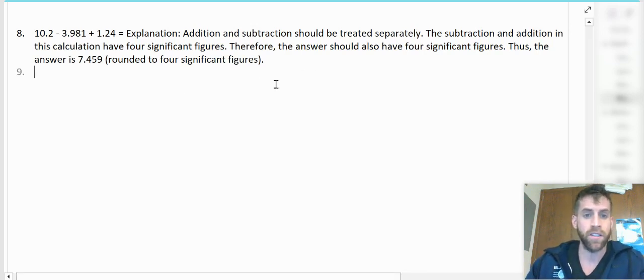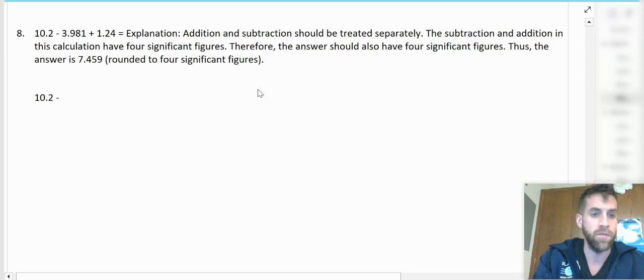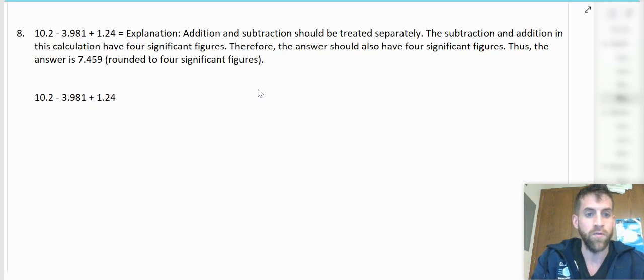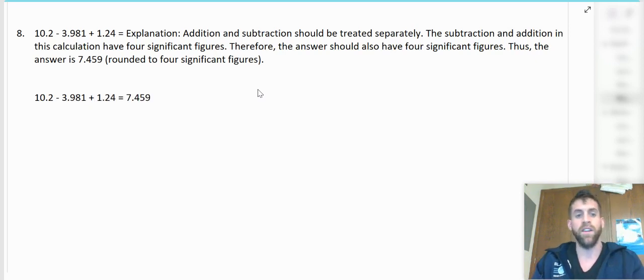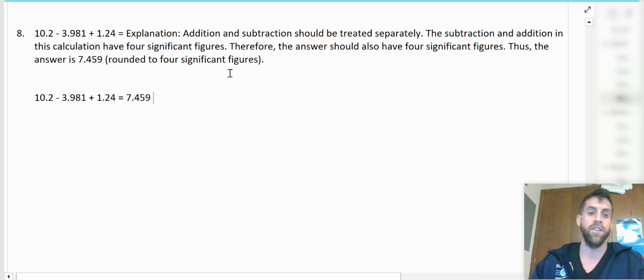So let's type this answer out and see what we get. So we get 10.2 minus 3.981 plus 1.24, and we get 7.459, and that is indeed correct. Again, we are looking at the decimal places and the significant figures in those decimal places. We have to account for all of them in subtraction and addition.